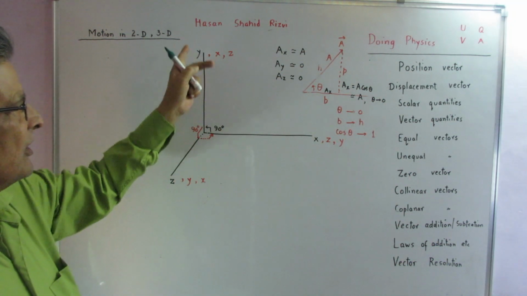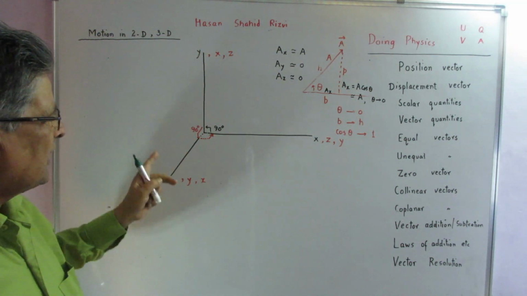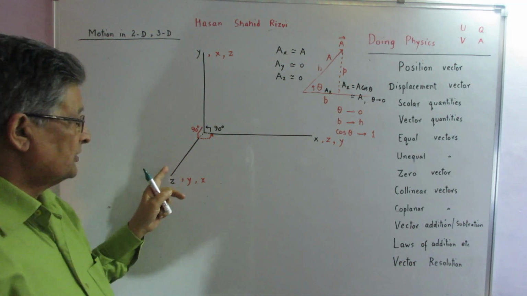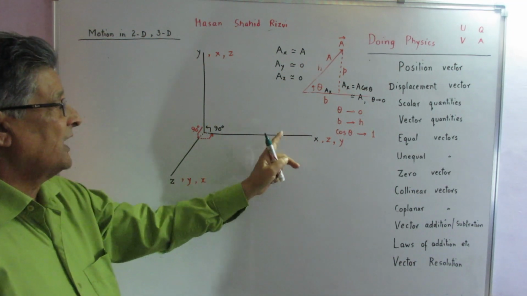If there is a vector along the y-axis, it has no component along z and x. And if there is a vector along the z-axis, it has no component in the x or y direction.